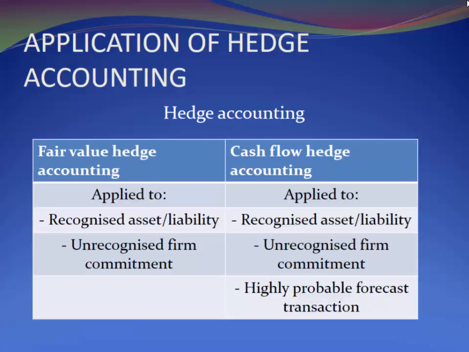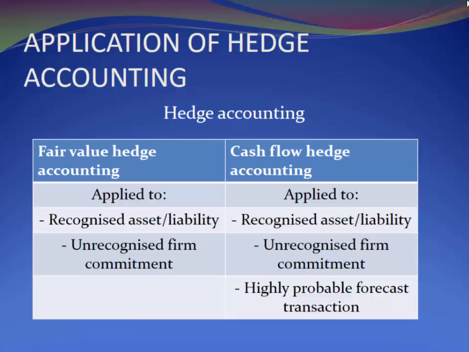Against that, we have a highly probable forecast transaction. Now, if you are normally ordering your inventories from a certain company overseas, it's not a firm commitment, but it is a normal order. Because you are doing that very regularly, it will become a highly probable forecast transaction.